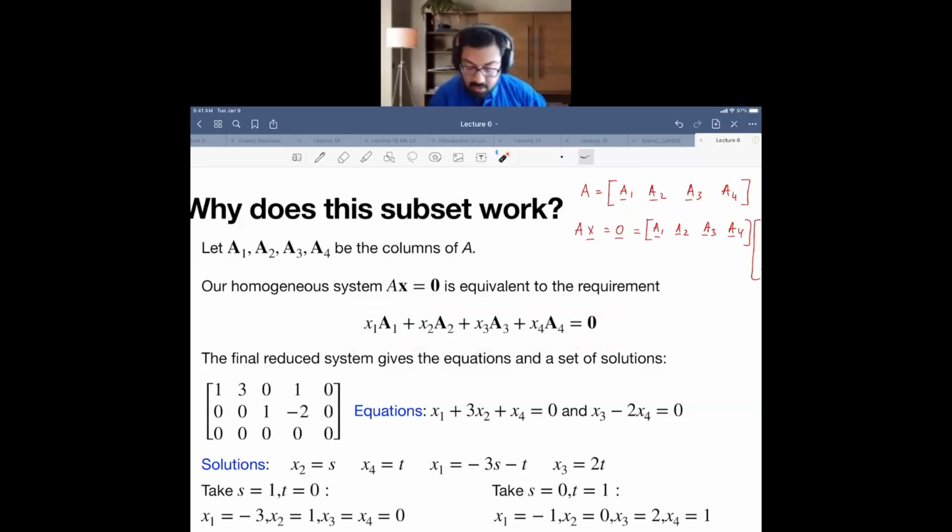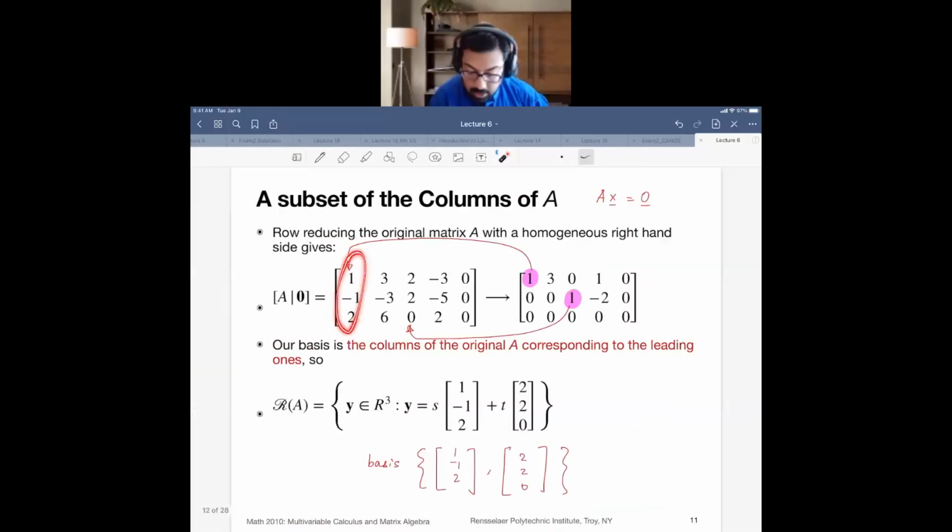So the question is, if you work with that subset, you should be able to take some amount of first column, some amount of second column, some amount of third column, some amount of fourth column, and be able to go to 0. But the real question over here is, because we only took the first column and the third column, what happened to the second column and the fourth column, right?